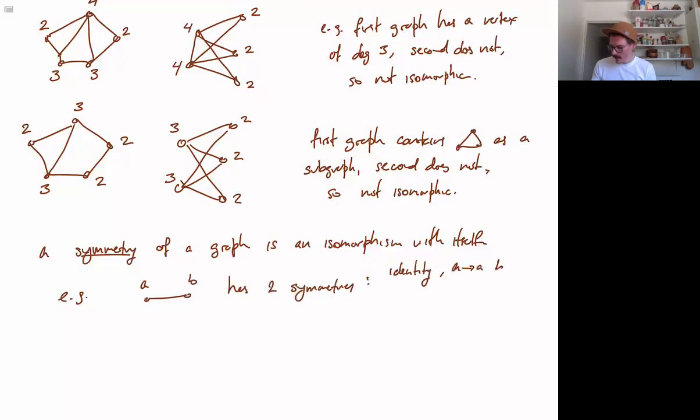A goes to A and B goes to B. And there is the flip. A goes to B and B goes to A. So there is a symmetry that does nothing, and then there's a symmetry that flips the two vertices.